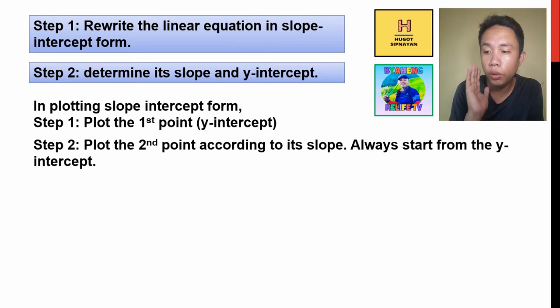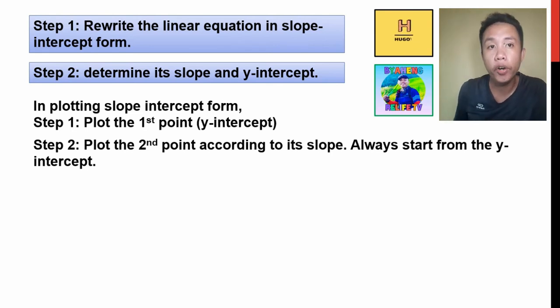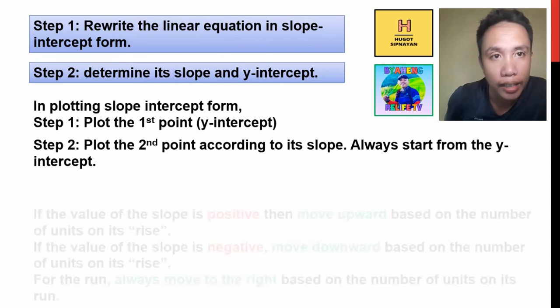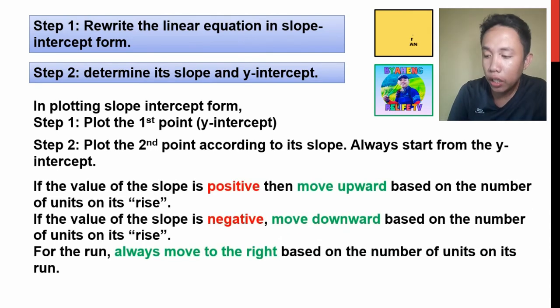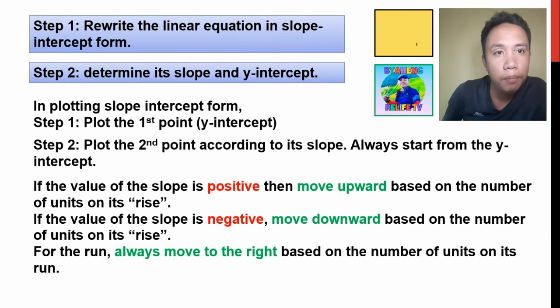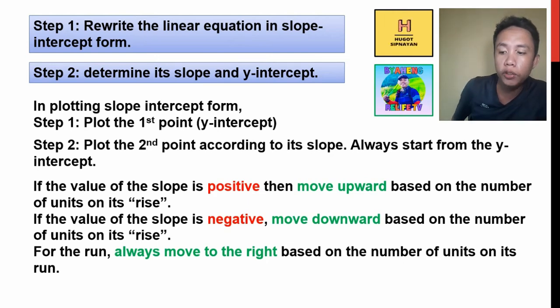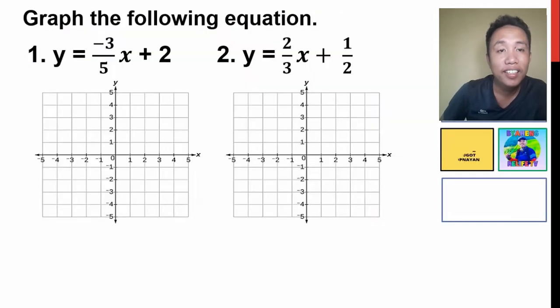Tandaan, we'll start with the y-intercept and do it for the second point using our slope. Tandaan po mabuti. Now, pag ginamit natin yung slope natin, kapag positive, we move upward. Kapag negative, we move downward. At lagi po sa run natin, we always move to the right. Okay po?